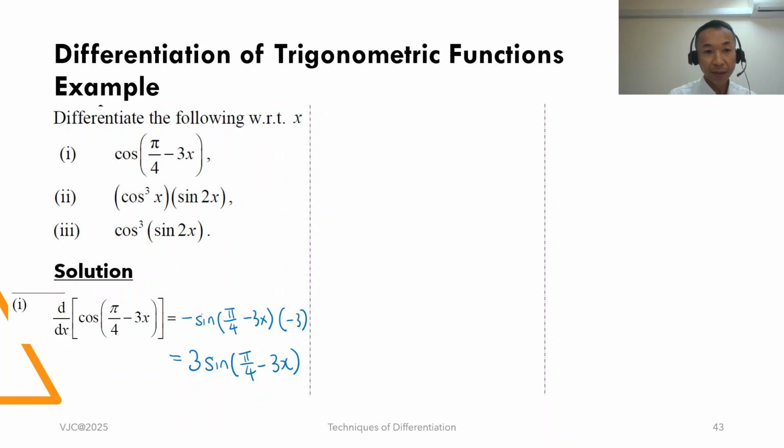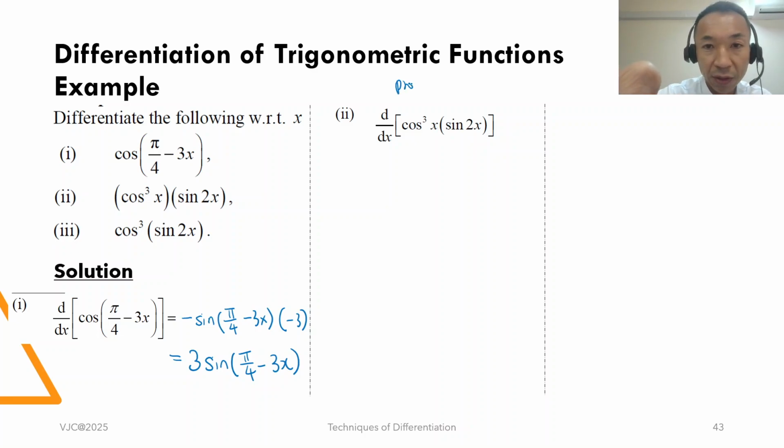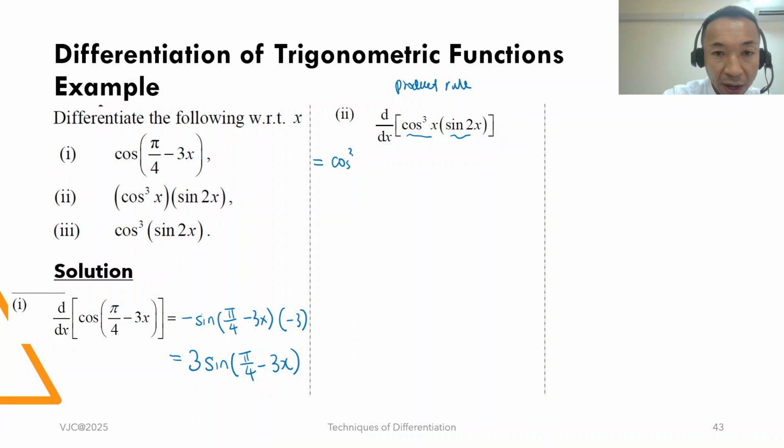Part 2 requires you to use product rule. I repeat, product rule, because you have a product of two functions here. Let's do it very slowly. You keep this, you get cosine cube x. You differentiate sine 2x, you will get cosine 2x. But bear in mind, you have to differentiate the inside, f prime x, you get another 2.